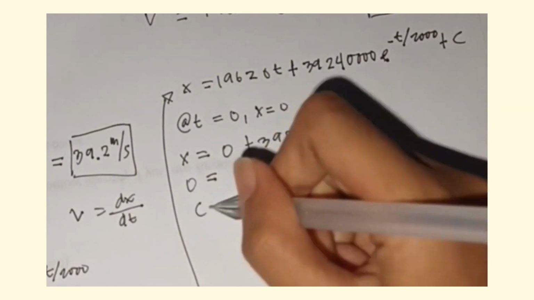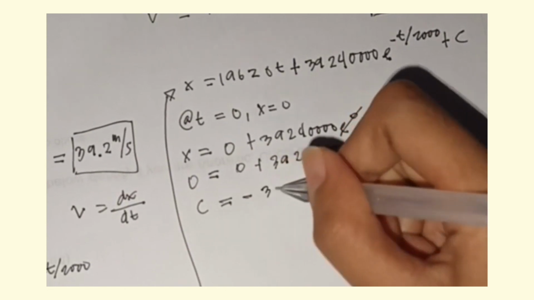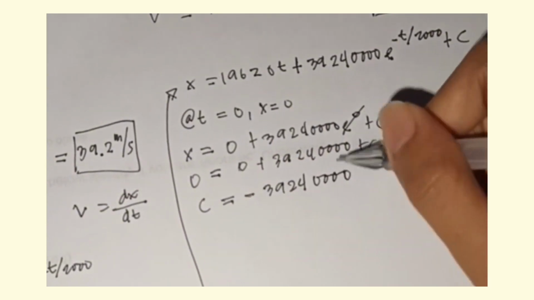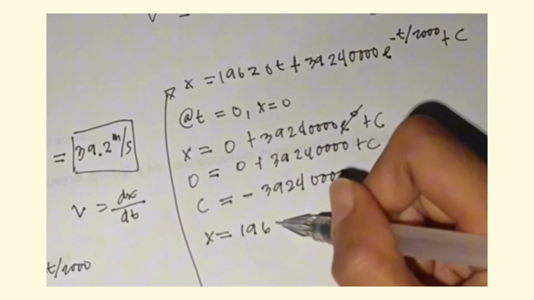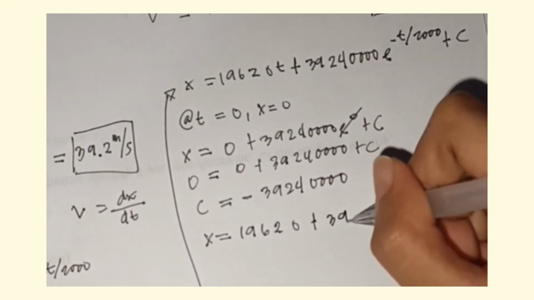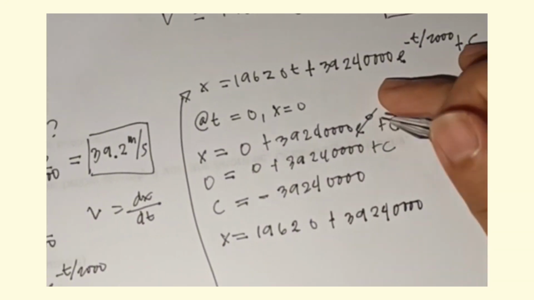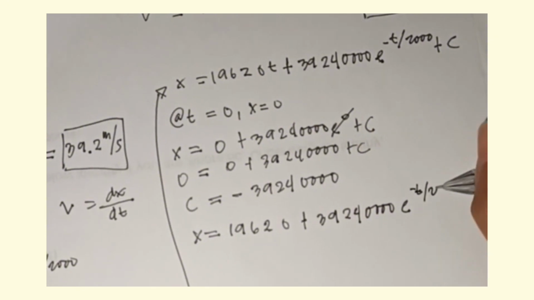So the value of c here is negative 39,240,000. So x becomes 19620 t plus 39,240,000 e raised to negative t over 2000 minus 39,240,000.